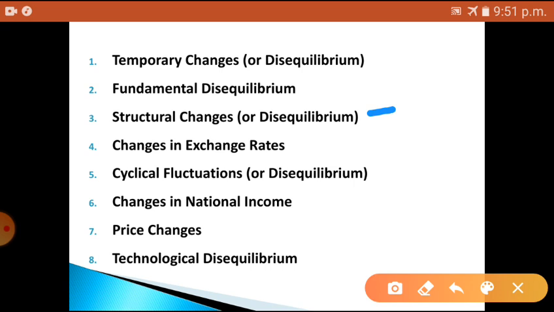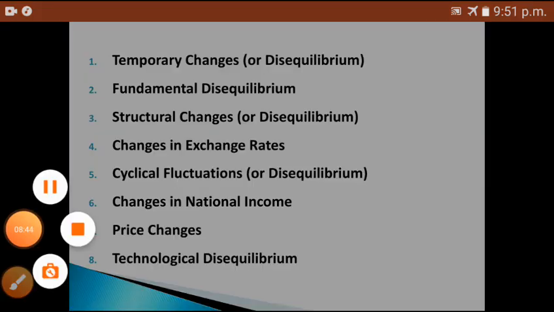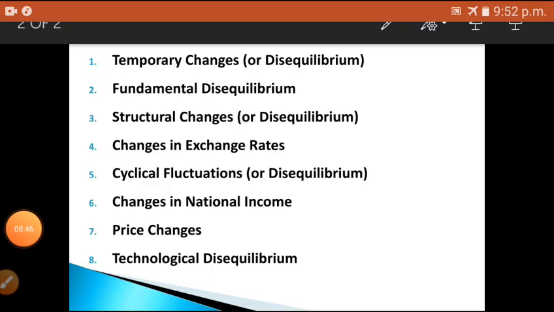This also will develop over the long run. Structural changes also bring disequilibrium for a very long run. This may result from some following factors, why structural changes occur.